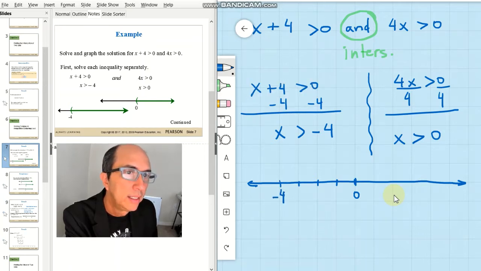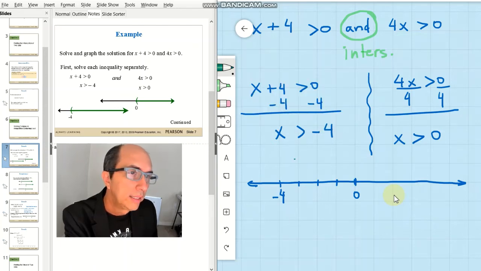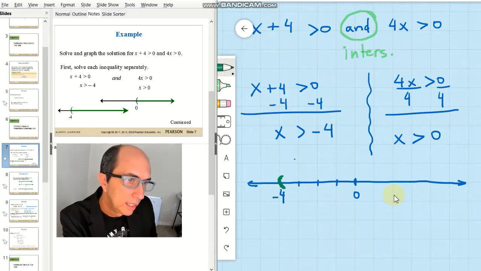And x is greater than negative 4. We don't have an equal sign here, it's just greater, right? So we're going to represent it here with a parenthesis. That means that negative 4 is not included in the set. And this goes all the way to positive infinity.